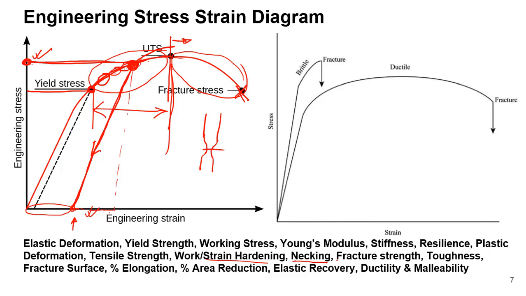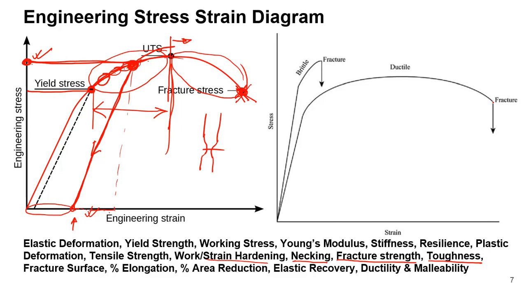Next is the fracture strength. Fracture strength is basically the stress corresponding to the fracture point. Now next we can see there is toughness. Toughness is again a mechanical property which measures the amount of energy absorbed up to fracture.